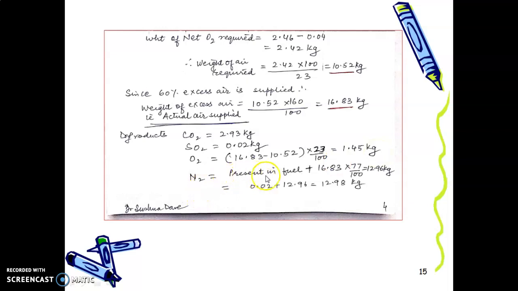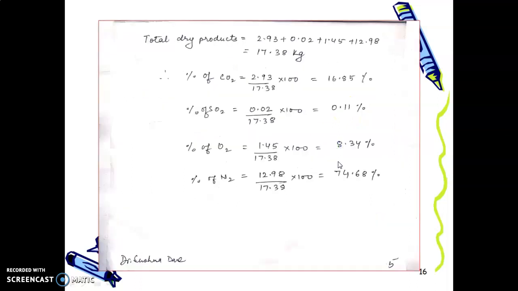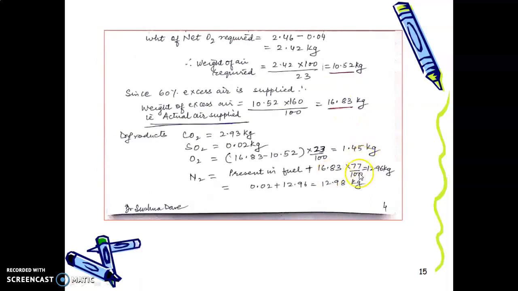Nitrogen present in the fuel is also eliminated as waste, plus the 16.83 kg of actual air supplied, multiplied by 77 by 100, since 77 is the percentage of nitrogen in air.